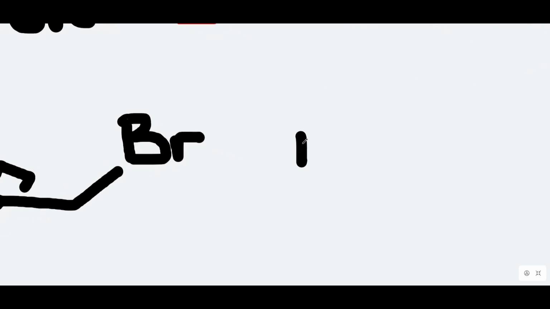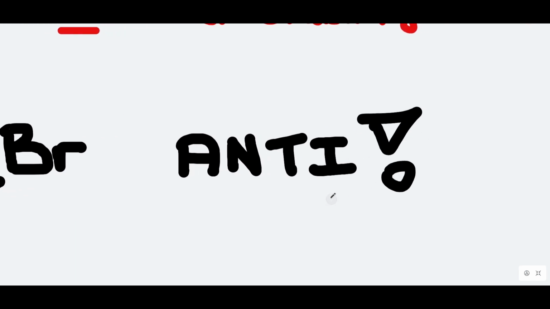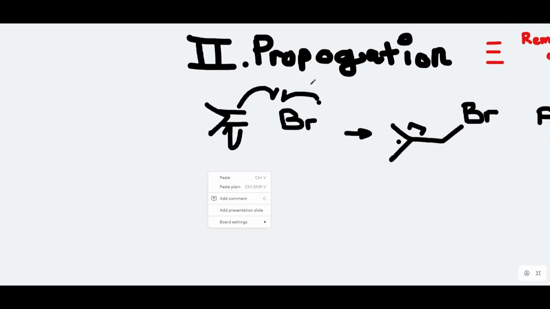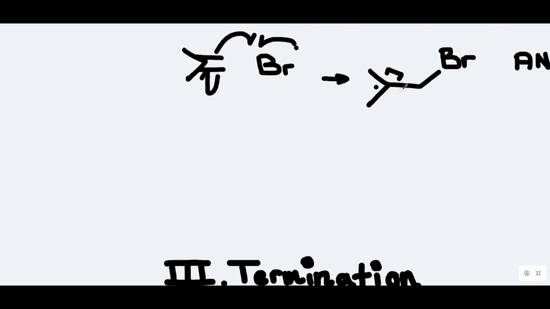So I'm just going to draw this here, just to denote that we have attained an anti-Markovnikov product specifically. All right, so we're not done yet because we still need to deal with this radical here. So I'm actually going to draw it down here just so it's a little bit easier to see.